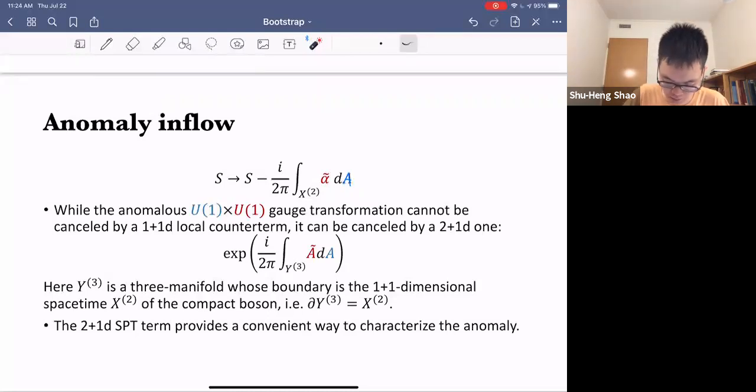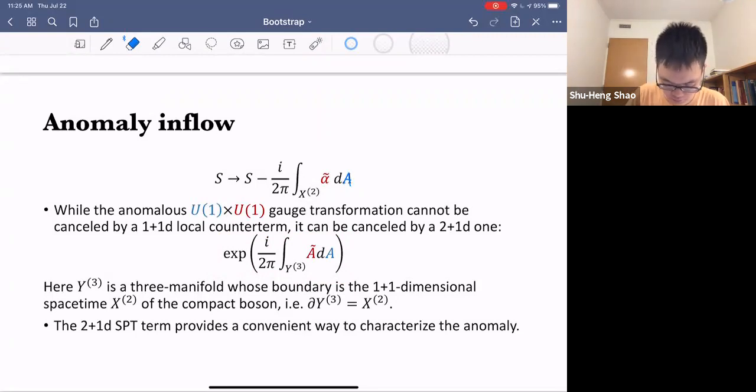Later on we will constantly use the 2 plus 1D invertible field theory to characterize or track our anomaly. In fact, in practice, that's also how people classify anomalies in various contexts.